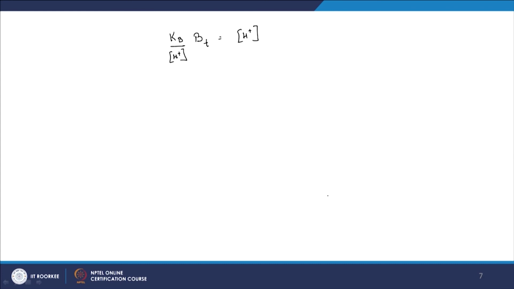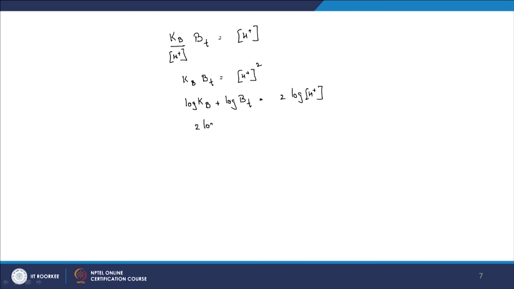So let us simplify this further. Kb into B total is equal to concentration of H plus square, and now taking the logarithm on both the sides, let us say log of Kb plus log of B total would be equal to 2 times log concentration of H plus, right. So what does that more or less transform into? I am going to swap the two sides, right.